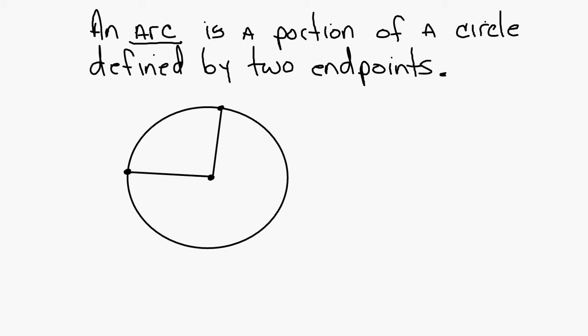Now, in this picture, you have two arcs. You have an arc right here, because an arc is a portion of a circle. So you've got an arc right here up top. You've got another arc that goes around the right and bottom of this circle. In this circle, you have two arcs. A central angle separates the circle into two arcs with measures related to the measure of a central angle.